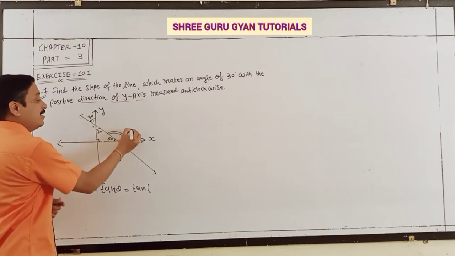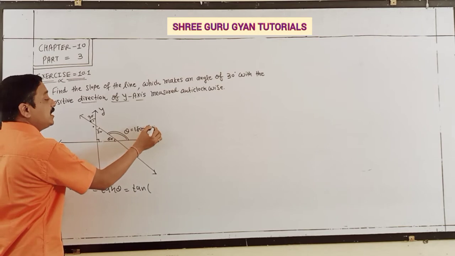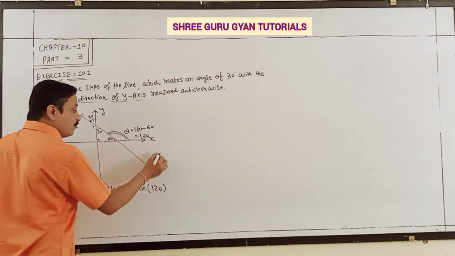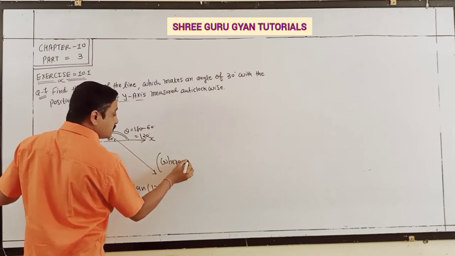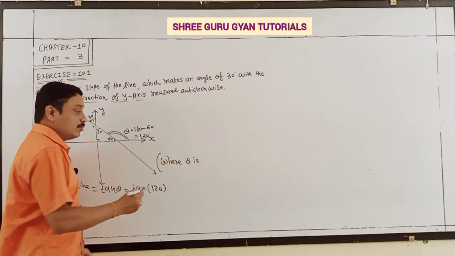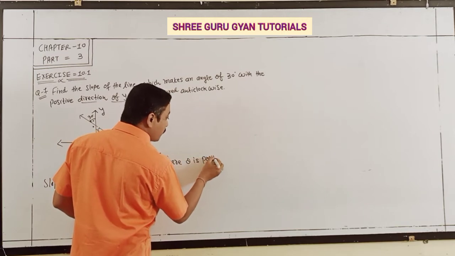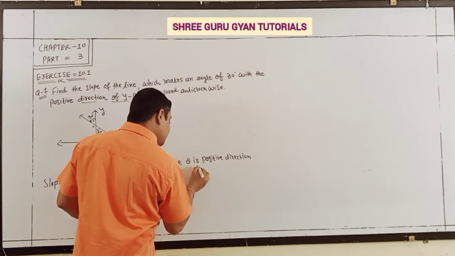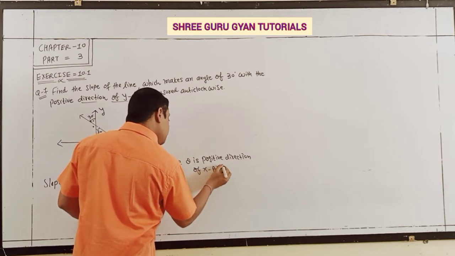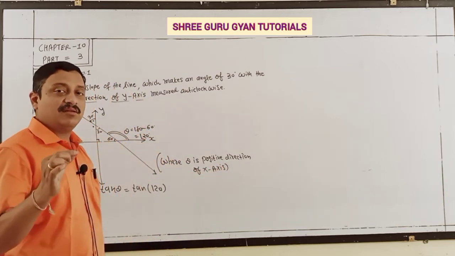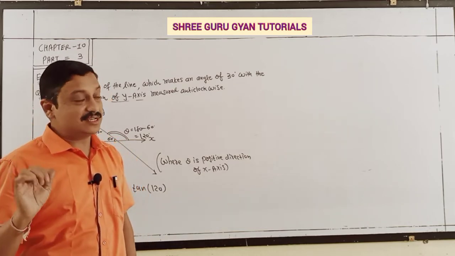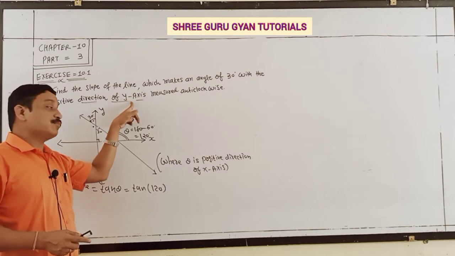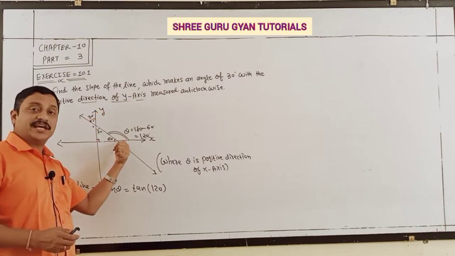It is a linear pair, 180 minus 60 becomes 120, and mention where theta is: the positive direction of the x-axis. You must draw the angle with the positive direction of the x-axis, students, because that is the rule, and here the given y-axis is positive, so you can cover it with the positive direction of the x-axis.